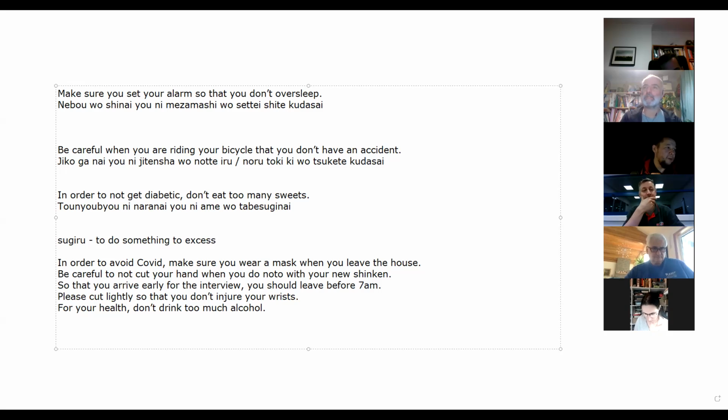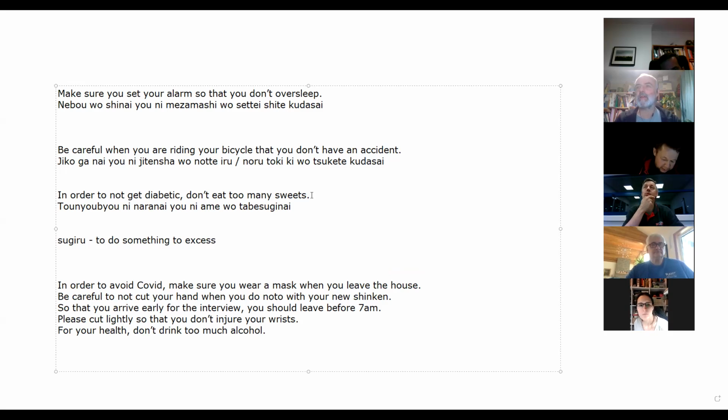Do you remember we did compound verbs a little while ago? So sugiru is one of those really versatile compound verbs. It's the second of the pair, which you can attach to anything to do too much of. For example, drinking beer.